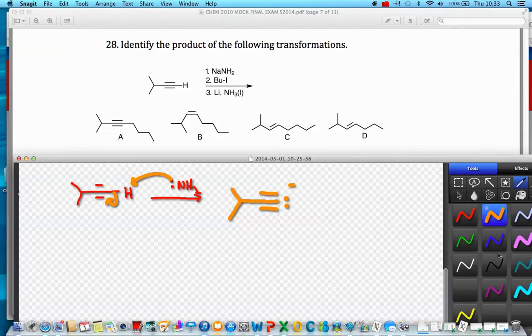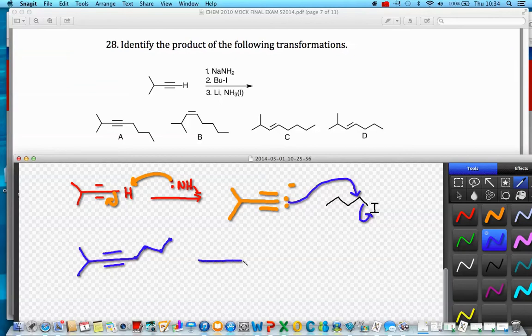Second step, we have butyl iodide. Get a nice SN2 reaction, containing 4 carbons. Here's 1, 2, 3, 4.